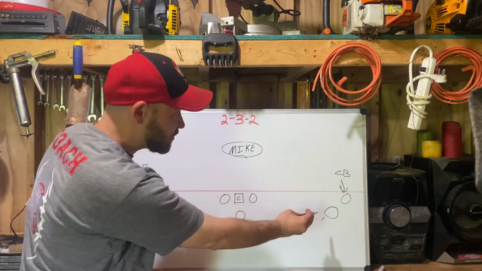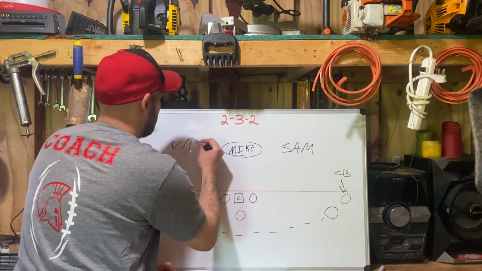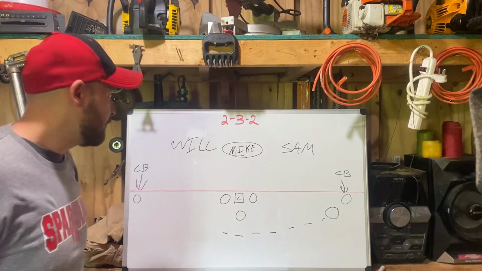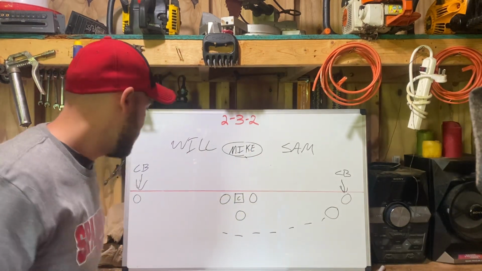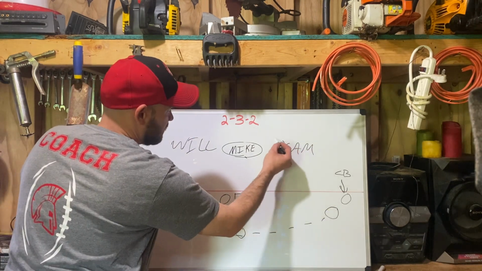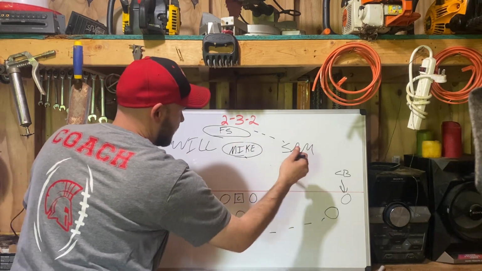Because they line up on the strong side over here, this is Sam. This is Will. I don't care who it is in those positions, but Mike has got to know to let Sam and Will know who's Sam, who's Will on the play. Now, if we get a fake here, Sam, drop back to free safety in zone. Okay?